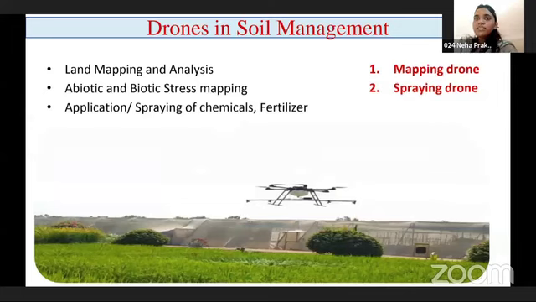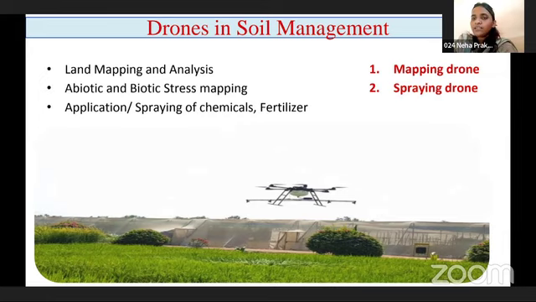Another one is drone technology. New technologies are available, such as mapping drones and spraying drones. This technology is used for land mapping and analysis, from which we can know the condition of our soil and land, including abiotic and biotic stress mapping, what type of stress our land is facing.